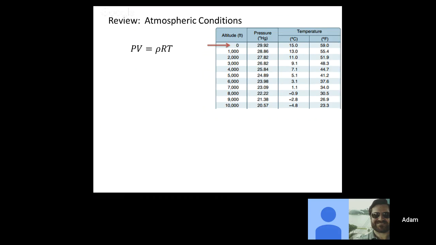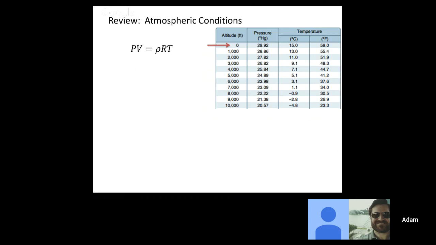Yeah, and when I think about it, let me explain the way I learned it, and then maybe your explanation is correct. So if you think about a column of air, like a square inch column of air starting at the ground and going all the way up to, say, 80,000 feet.